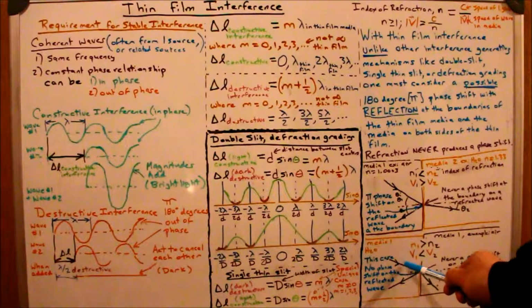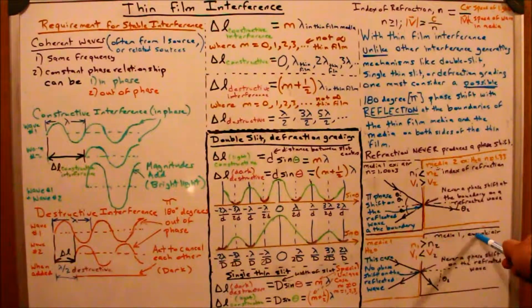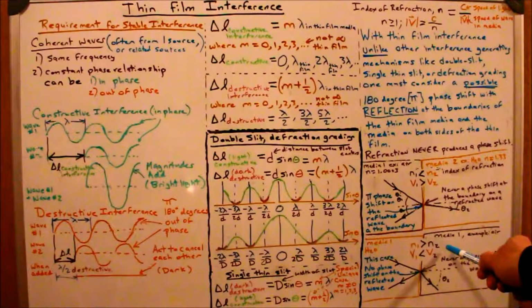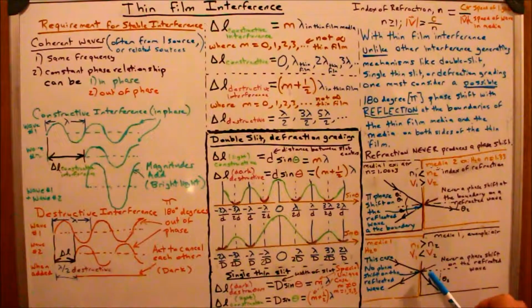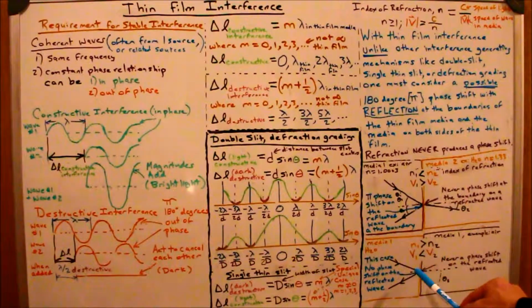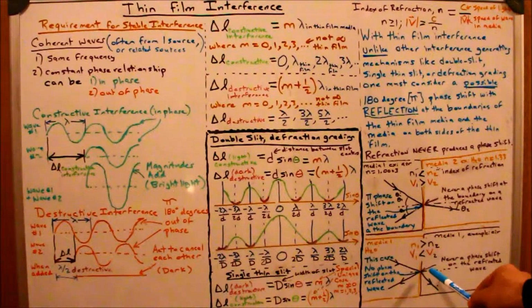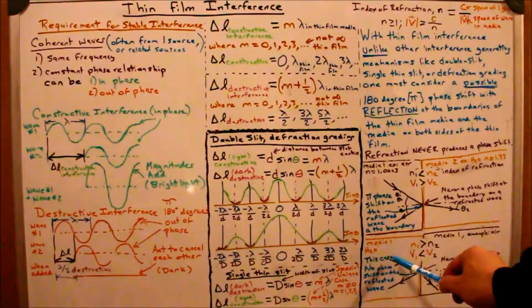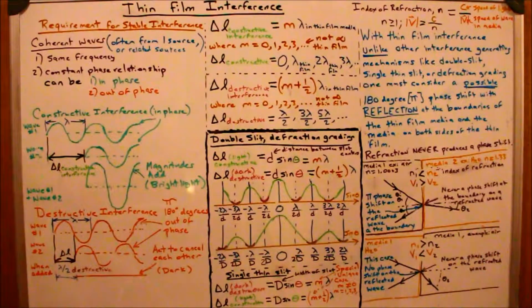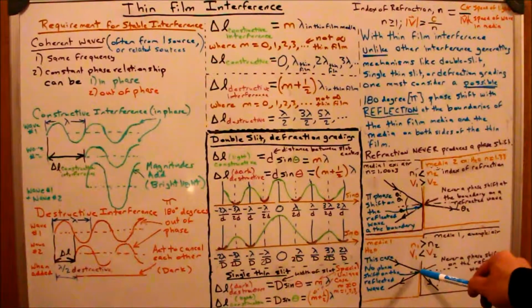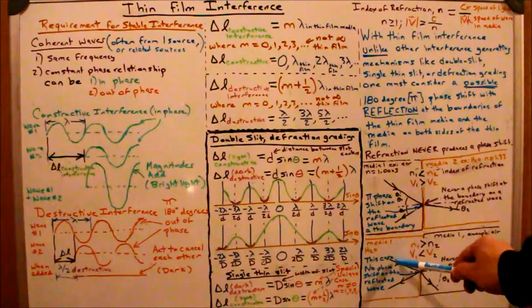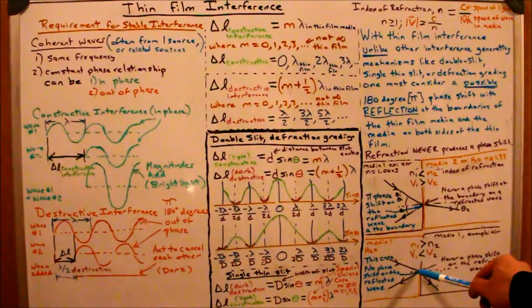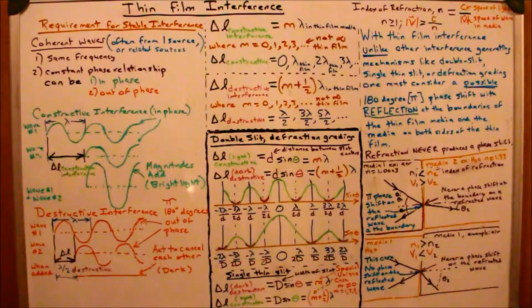Using Snell's law again, going from water to air, from high index of refraction to low index of refraction, I move my refracted angle away from the normal. But the refracted one again never changes phase, it just keeps going. In this case, the reflected wave has no phase shift. So if it's coming in at a peak, it'll continue at that peak and just go on its way without that phase shift.